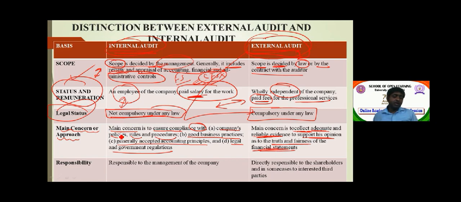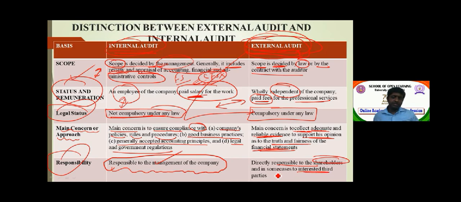All right. Talking about the responsibility, the responsibility of the internal auditor is towards the management of the company. So the internal auditor is responsible, or you may say accountable, to the management of the company, whereas the external auditor is directly responsible to shareholders, or even third parties in some cases.